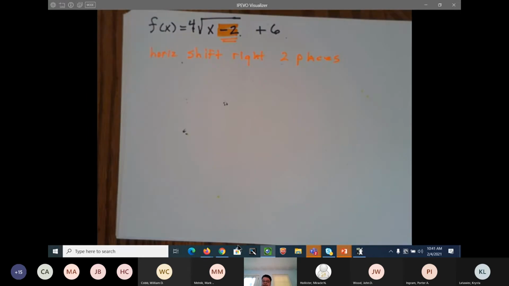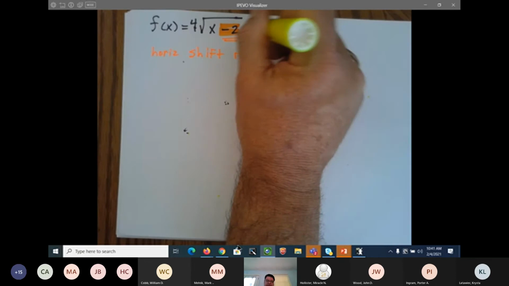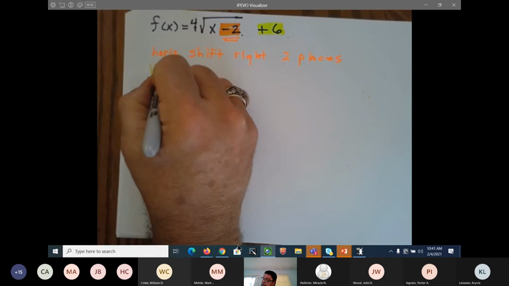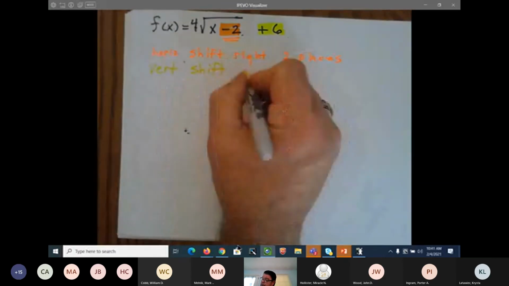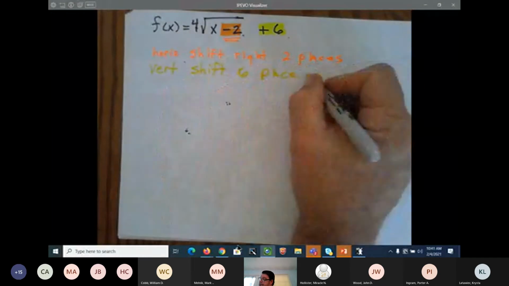Okay, the 6, get my yellow. The 6 tells us we have a vertical shift of 6 places up.